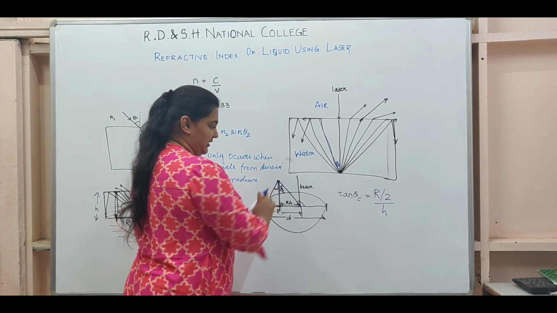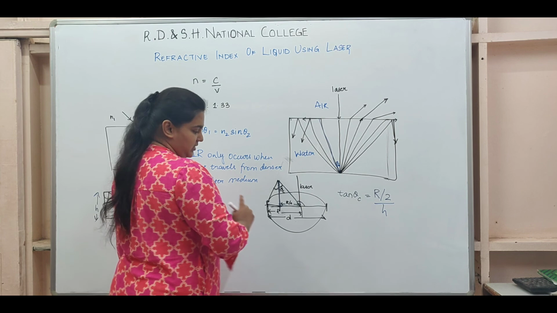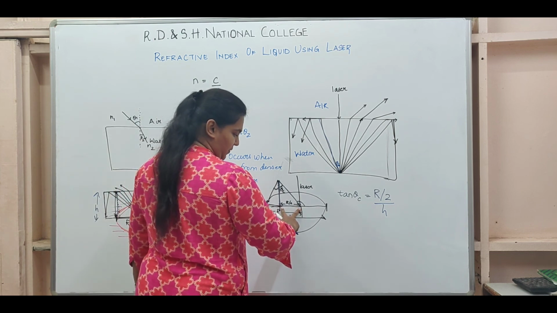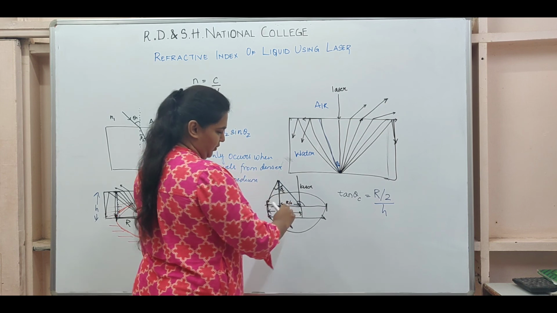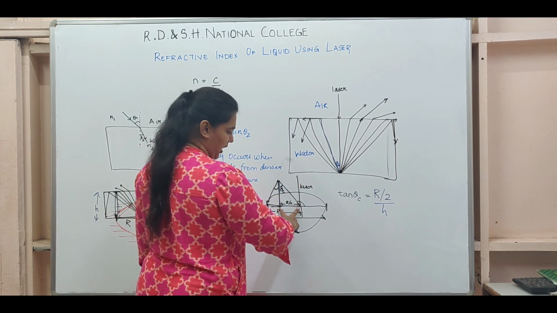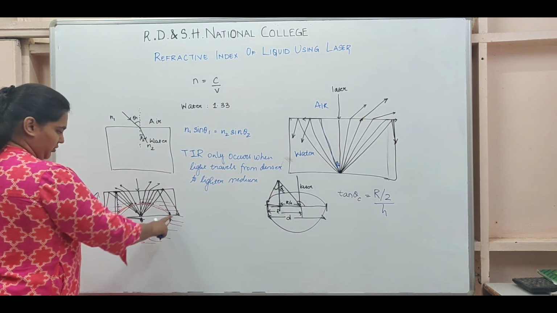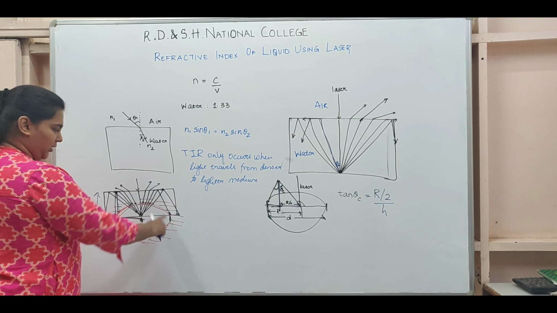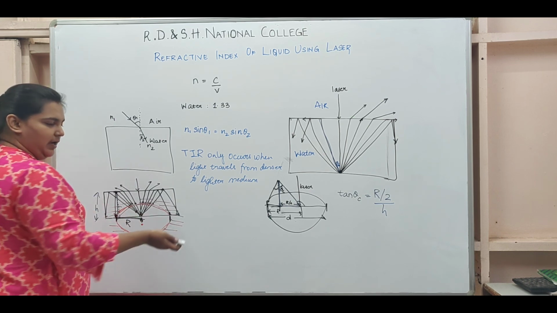Now why have I taken tan theta c, and why not sine or cos? Because I know the opposite side, I know my height, I don't know the hypotenuse, and that is why I have taken tan of theta c. I am getting my R from the graph paper: you can keep a graph paper at the bottom, measure R, and then get R by 2.